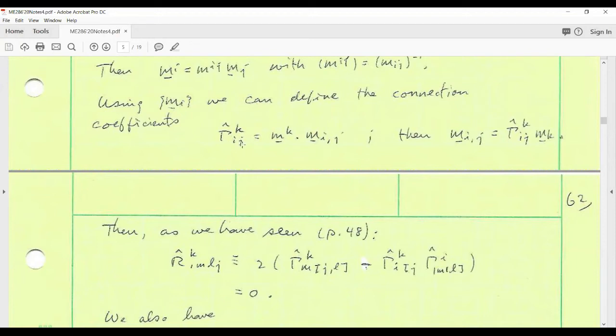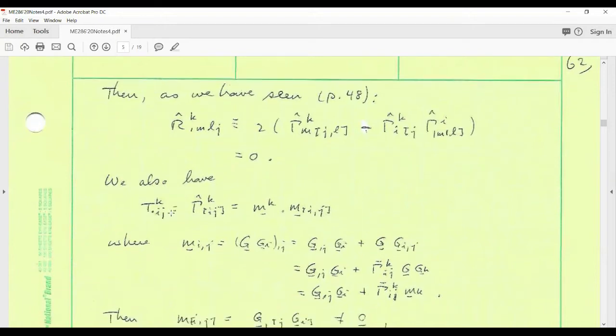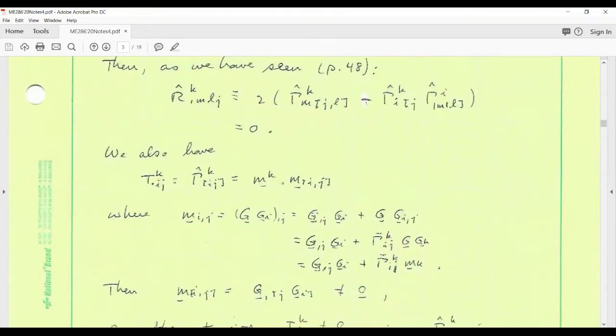So in general, we do not have symmetry in the subscripts i and j. If we skew symmetrize in the subscripts, we will not get 0. We'll get something called the torsion tensor, which you're looking at now in your new homework. And that's just M^k · M_i,j with the i and j skew symmetrized.